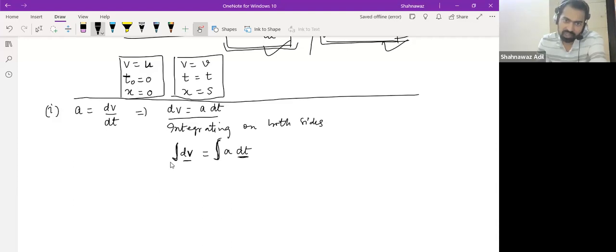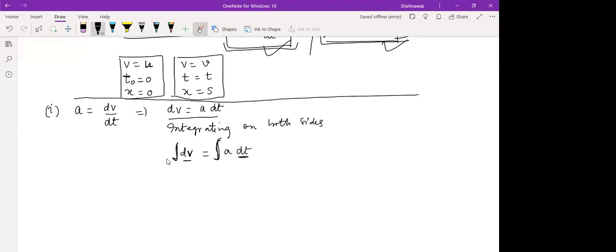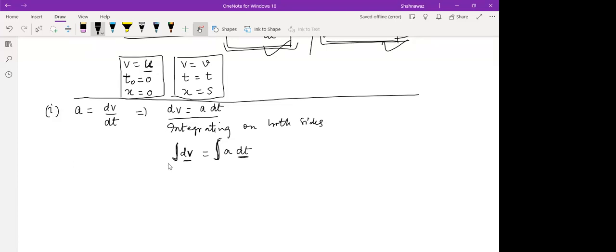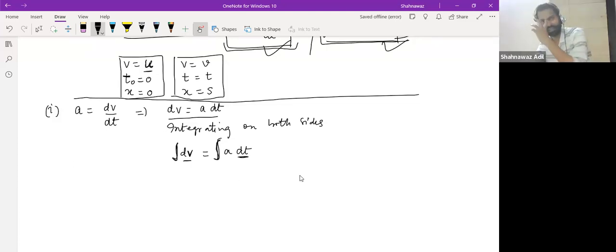What is the lower limit that we have for the speed? What is the starting velocity or the speed? It is u. My handwriting is that, but is it looking like u?